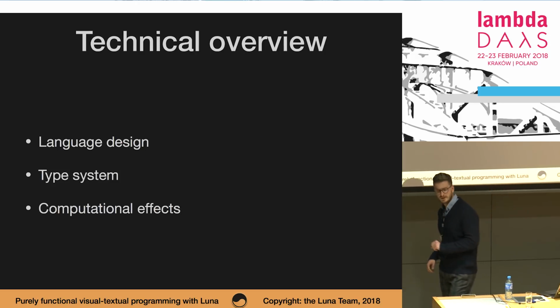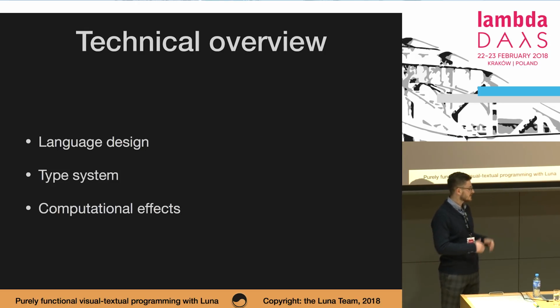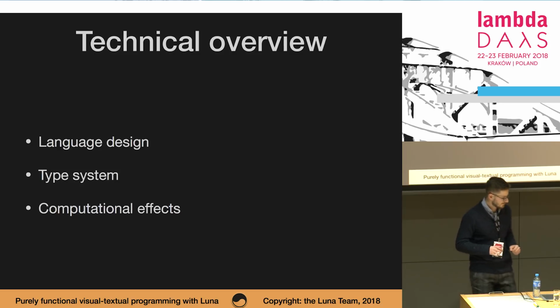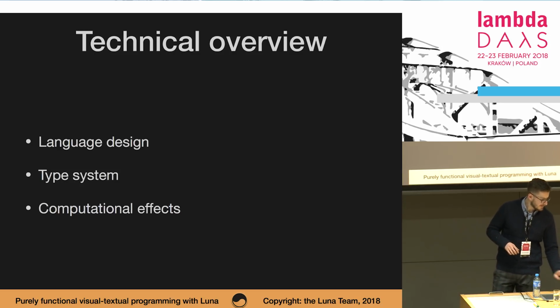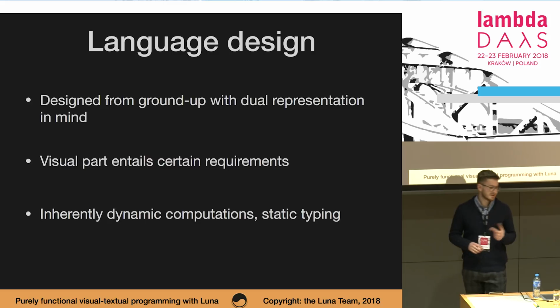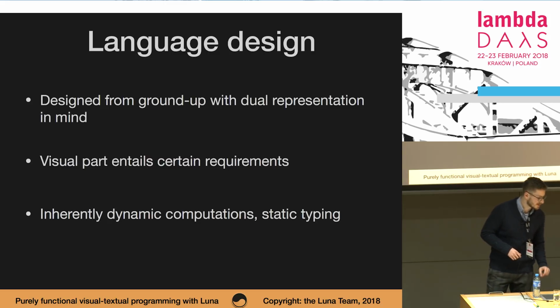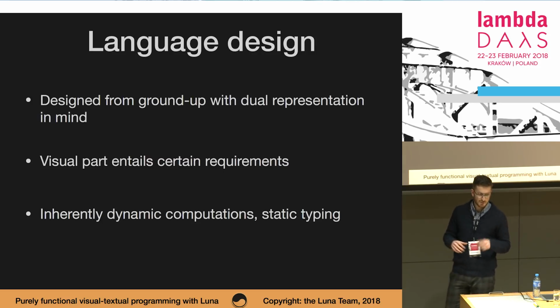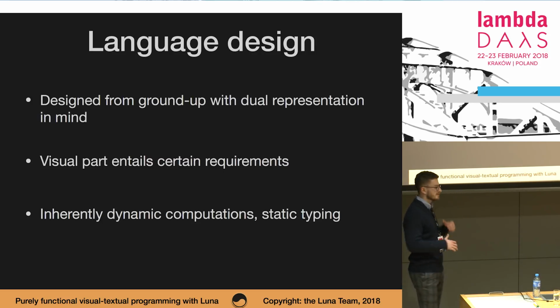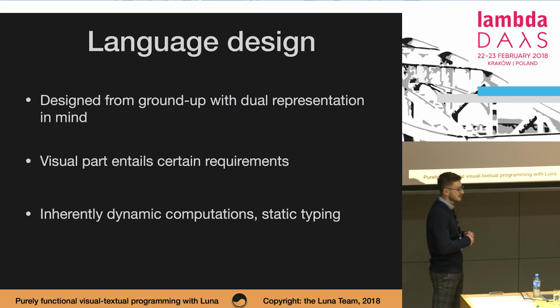Okay, so now on to the more technical side of the presentation. So first of all, the way we were designing this language was very particular because, well, the dual representation was one of the very first assumptions that we were making.